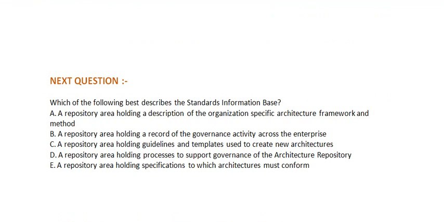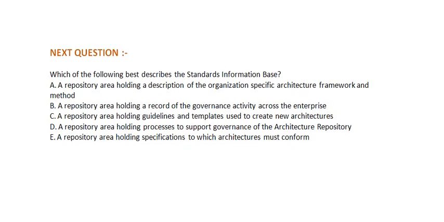Option C, a repository area holding guidelines and templates used to create new architectures. Option D, a repository area holding processes to support governance of the architecture repository. And option E, a repository area holding specifications to which architectures must conform. The correct answer is option E.